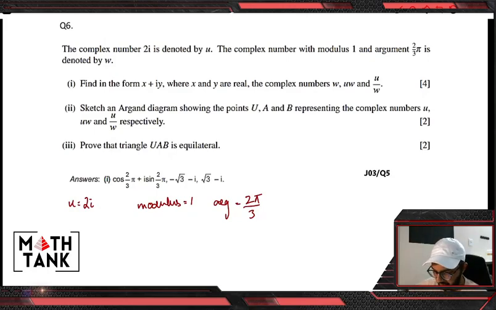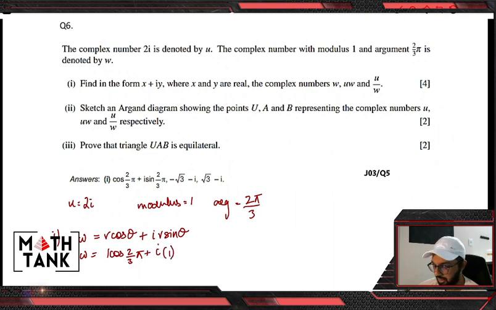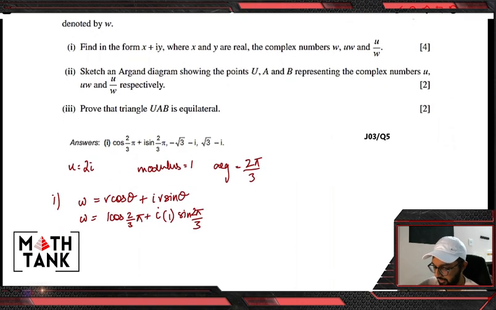If I remember my modulus argument form for the complex number, it's r cos theta plus i r sin theta. So I can just say that the modulus is 1, and cos 2 over 3 pi plus i into 1 into sin 2 pi over 3. So let's quickly put that on a calculator. cos 2 pi over 3, I'm just going to do that on the calculator.